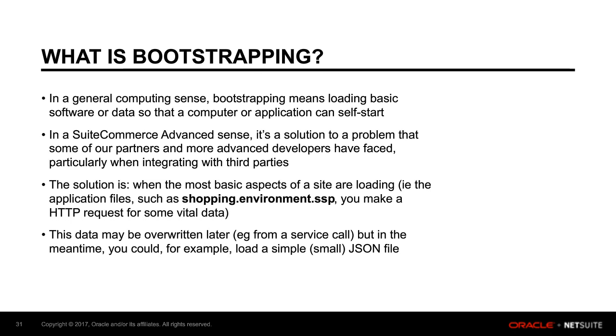In particular, if you're running the shopping application, then you'll know that there is shopping.environment.ssp. And if you've ever taken a look at it, you'll know that we use it to set a number of useful variables that we're going to be using throughout the entirety of the site.